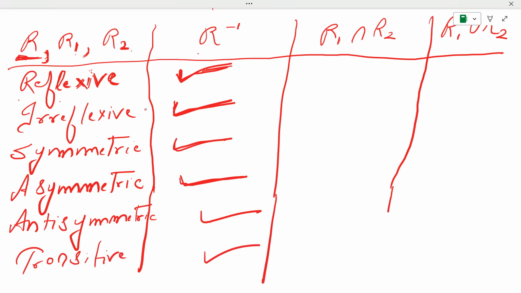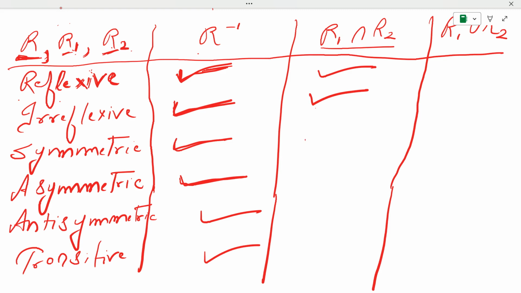Now let's talk about R1 intersection R2. If both are reflexive, R1 intersection R2 is also going to be reflexive. R1 intersection R2 is irreflexive if both R1 and R2 are irreflexive, because we are taking just the common part of them. If (A, A) is not part of R1, and (A, A) is not part of R2, definitely their intersection will be irreflexive.